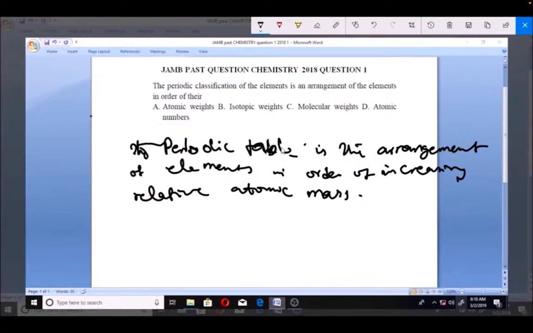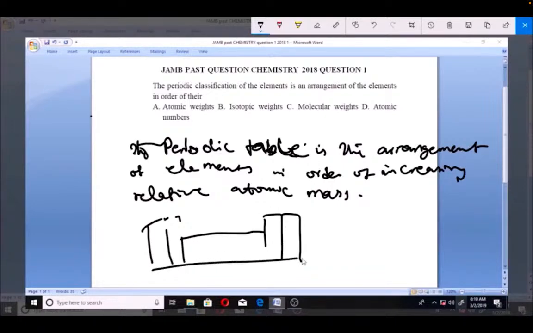The periodic table is simply the what? Arrangement of elements. You have a table like this, where you have elements arranged in the periodic table. Now, what is actually happening in this periodic table?